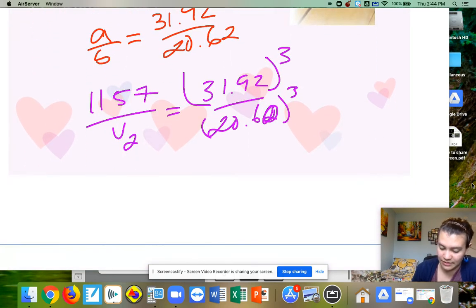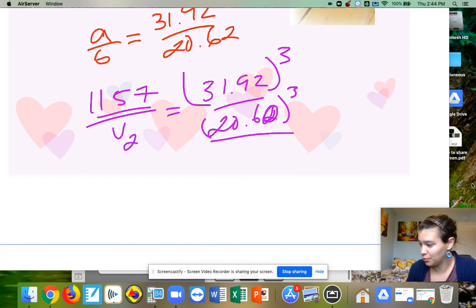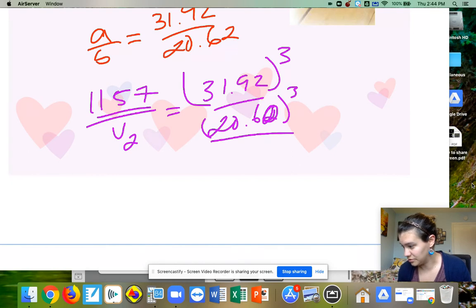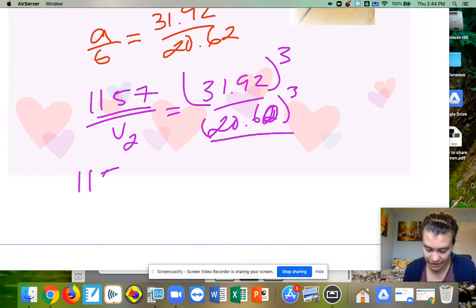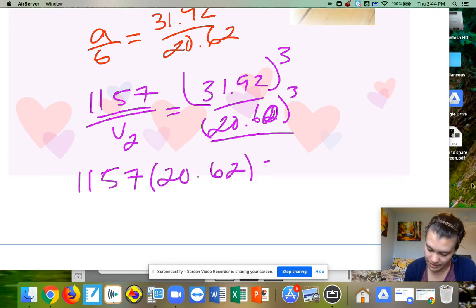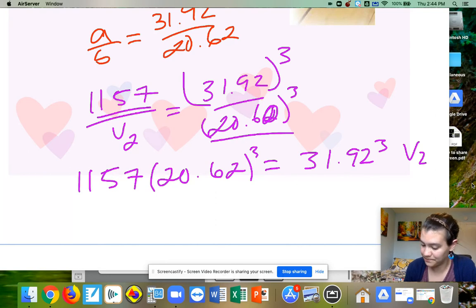So 1157 times 20.60 cubed is going to give you some huge number. We'll just leave it written out. And that's going to be equal to 31.92 cubed times the volume. So divide both sides by the 31.92.